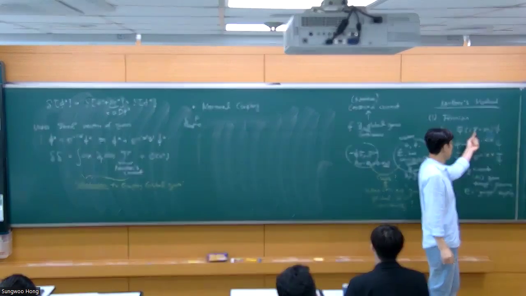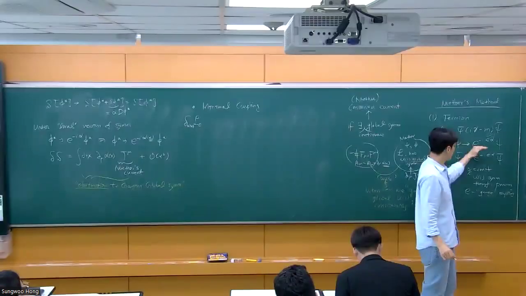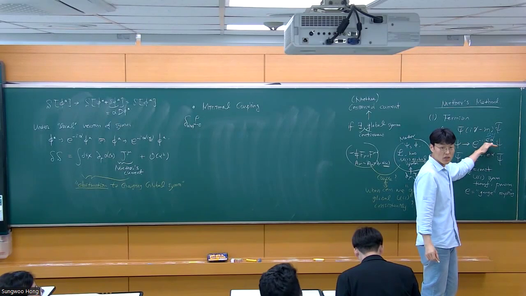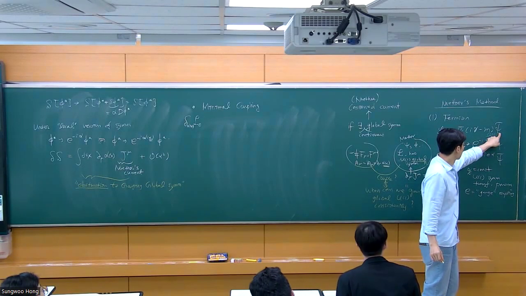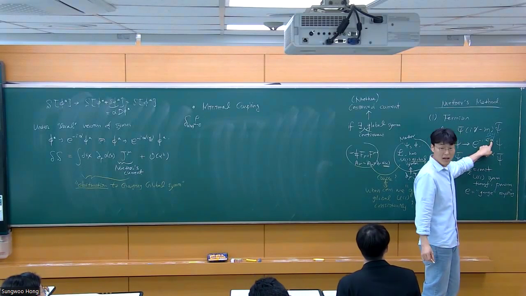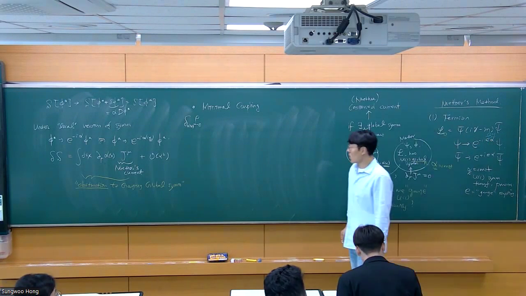The only derivative part is when I vary psi going to this, right? The only derivative you get is the derivative acting on the alpha here. Okay? So what do you get?